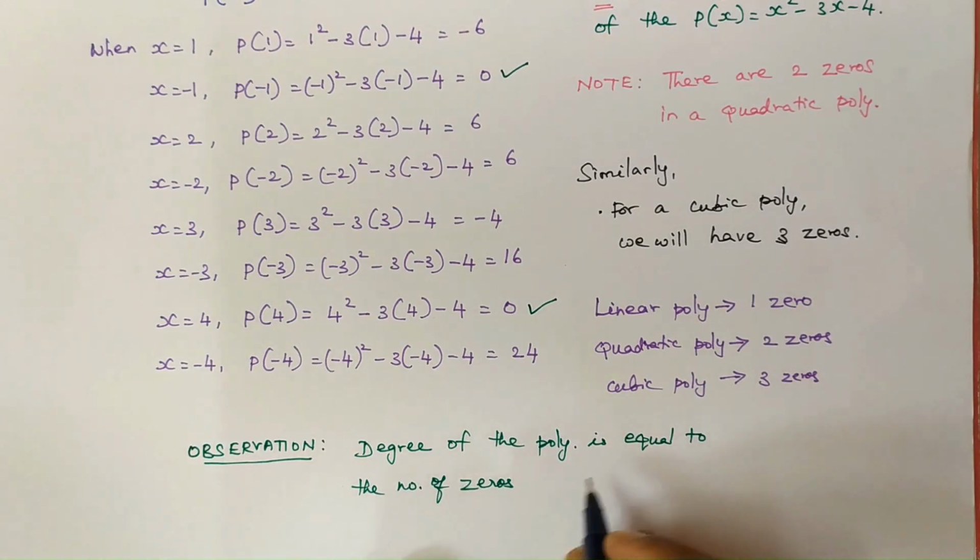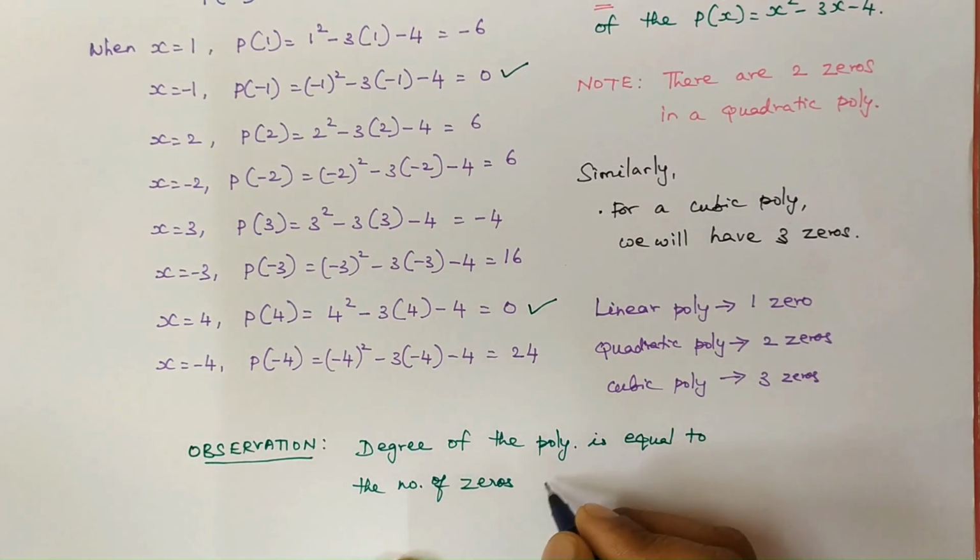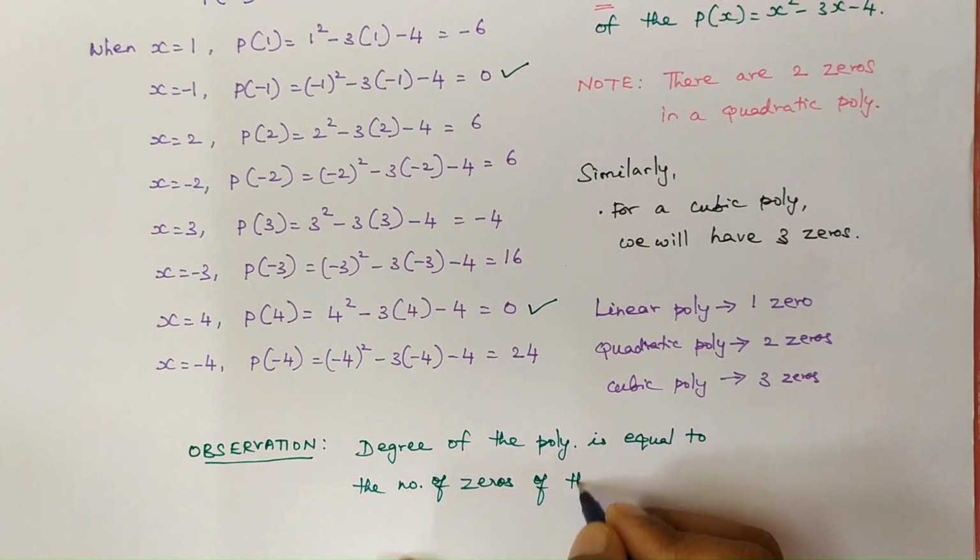So the degree of the polynomial is equal to the number of zeros of the polynomial.